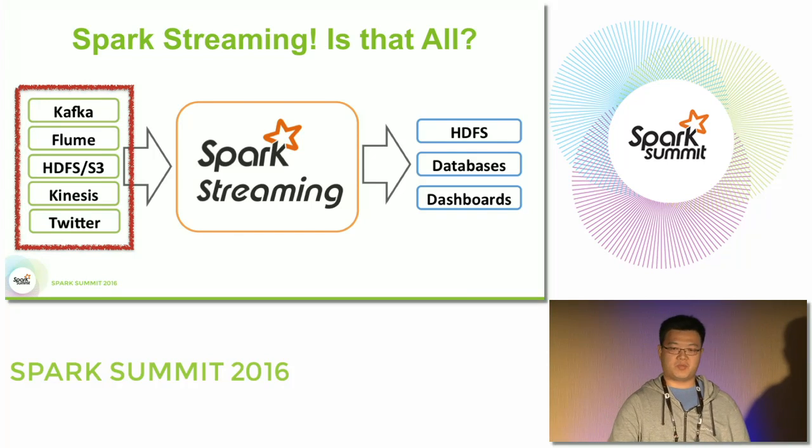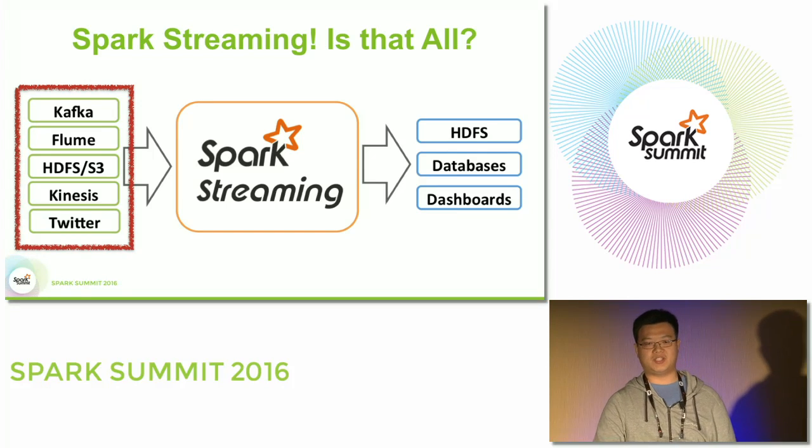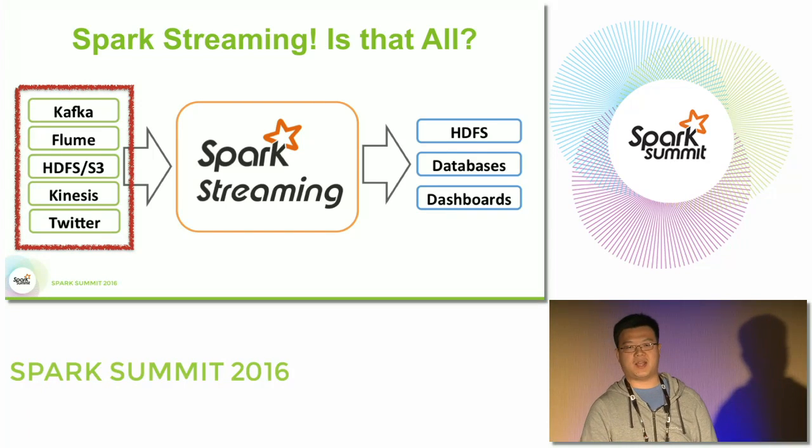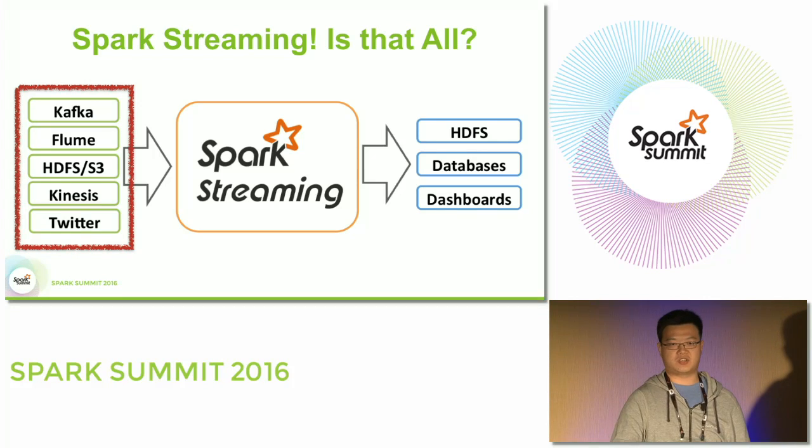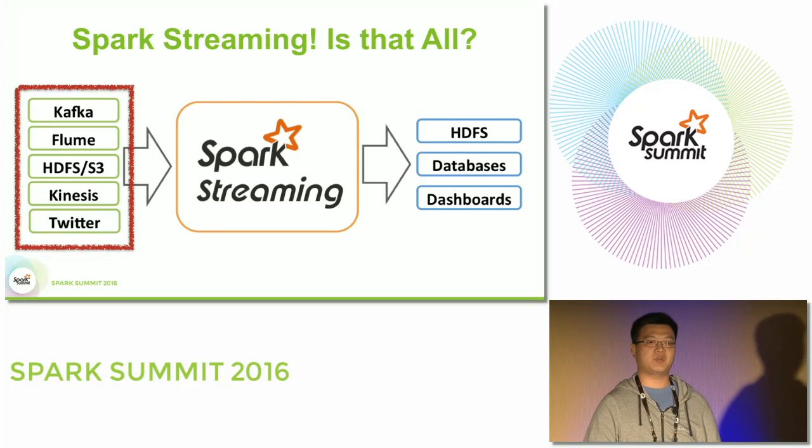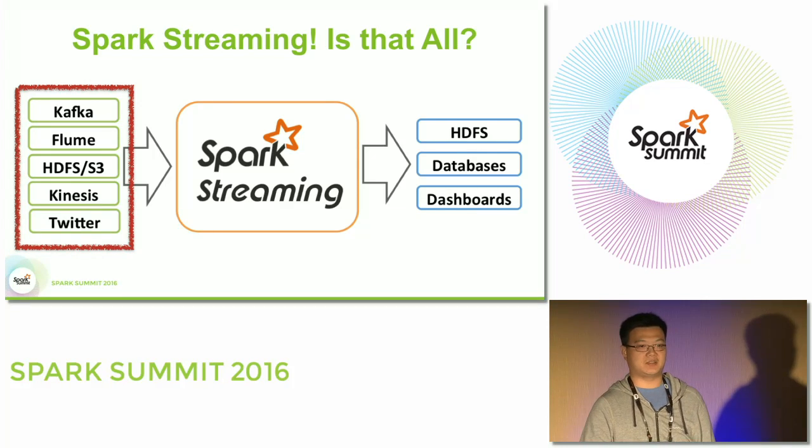And when you write your end results, you may not want to write them into, say, HDFS or databases. Instead, you may want to write them into Elasticsearch or Lucene if you're building a real-time indexing platform, right?